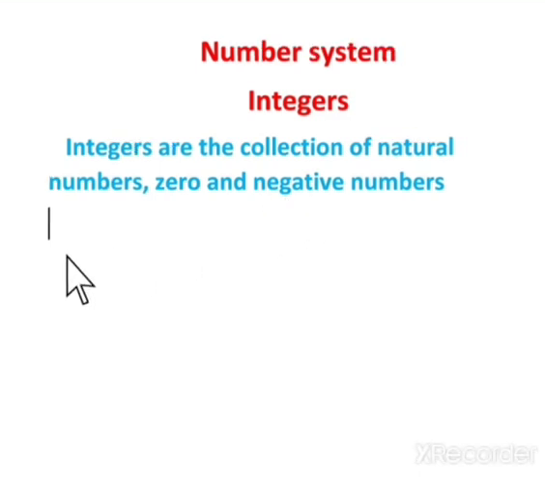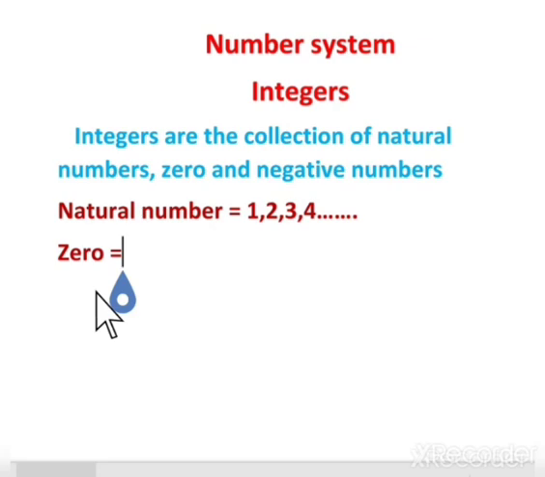That means natural numbers which start with 1, 2, 3, 4 and go on. Next we're going to see 0. We all know the number 0, isn't it?